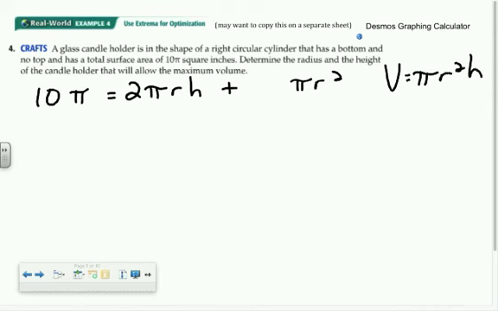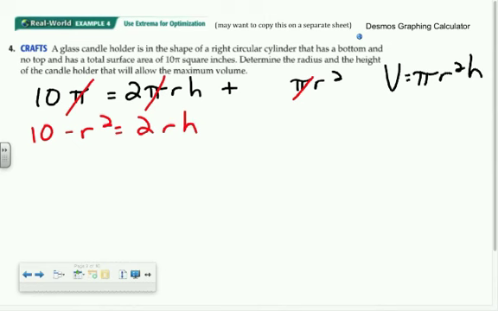All right, so looking at this equation, notice that I have a pi in each of my terms. So let's go ahead and divide the pi away. Goodbye, pi. And I said I wanted to get h by itself. So I'm going to subtract the r squared from both sides, and now I have 10 minus r squared equals 2rh.